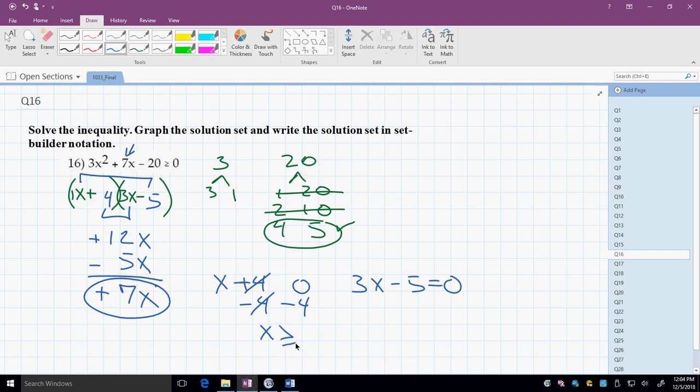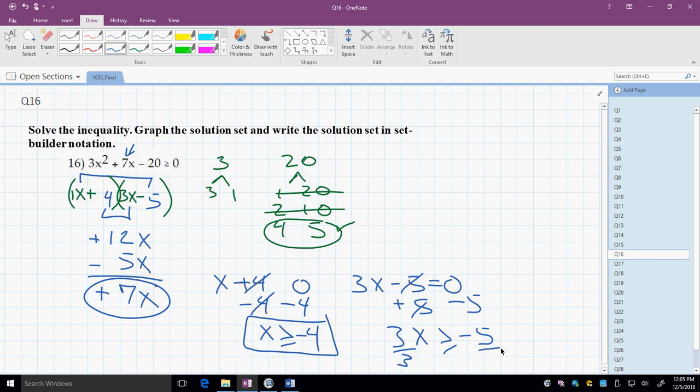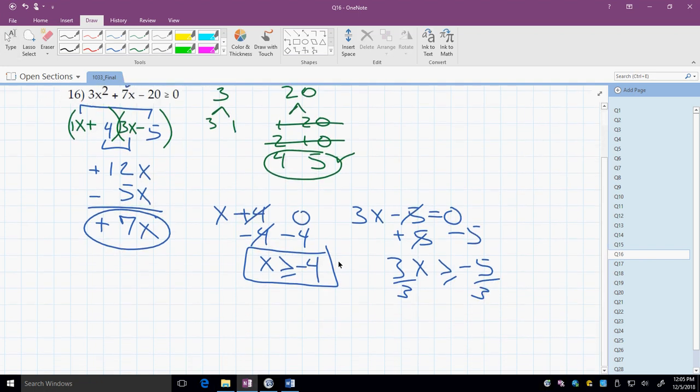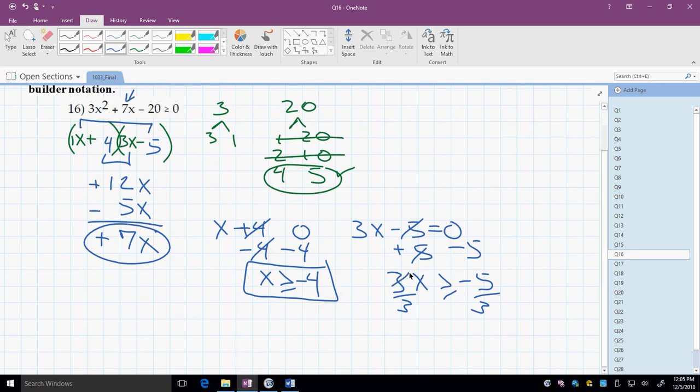So x is greater than or equal to negative 4. And here we're going to add 5 on both sides. Cancel. 3x is greater than or equal to 5. Divide by 3 on both sides. Cancel 3, we have x is greater than or equal to 5 over 3.